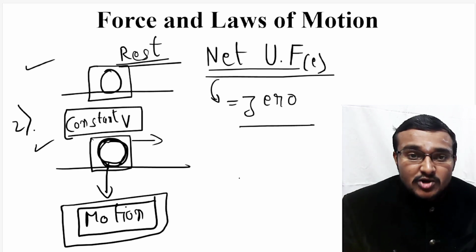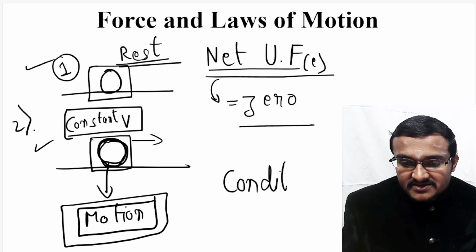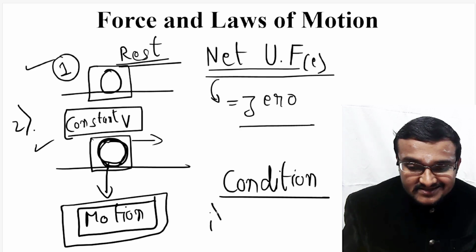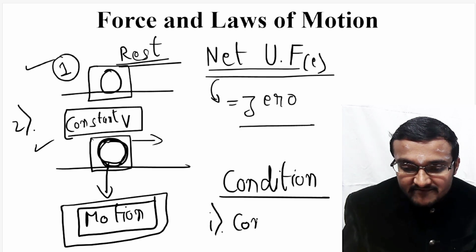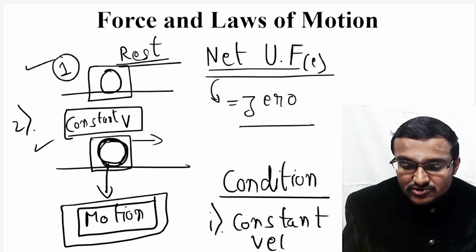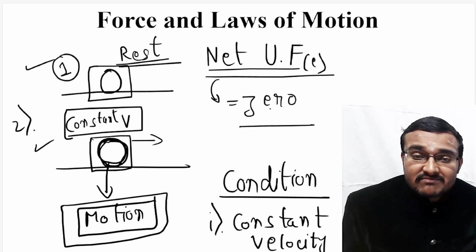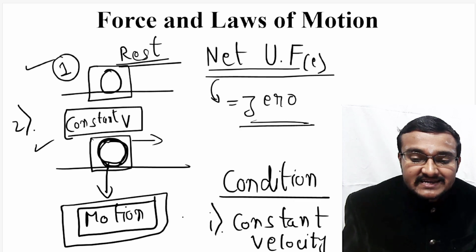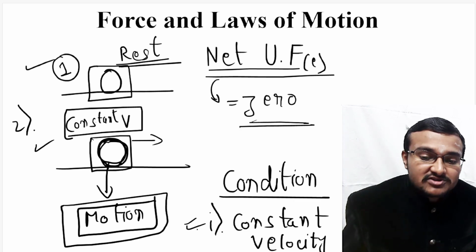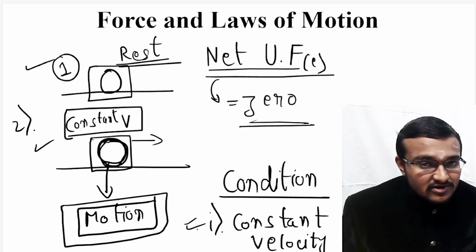So the condition which should be there for this object is that the object should be moving with constant velocity. If it is moving with constant velocity and the net external unbalanced force is zero, then it keeps moving with this constant velocity only. So that means it is moving with a non-zero velocity.